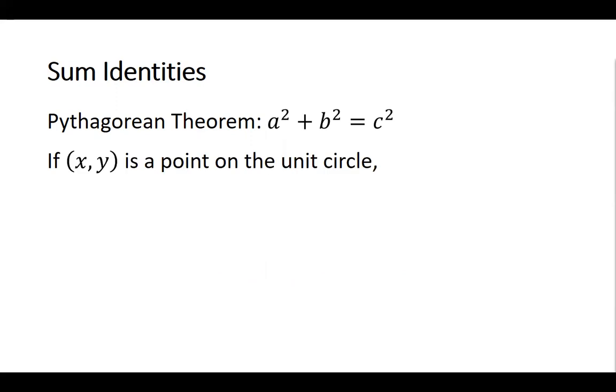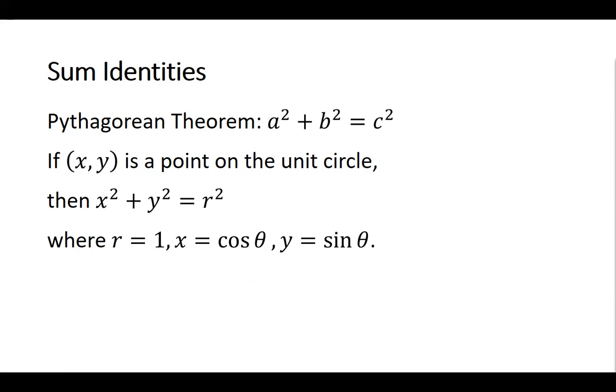Now, if XY is a point on the unit circle, then that point XY we can plug it into the Pythagorean theorem and we get x squared plus y squared equals r squared. Remember, r being the radius. If we're on a unit circle, then r is equal to 1, x is equal to cosine, and y is equal to sine.